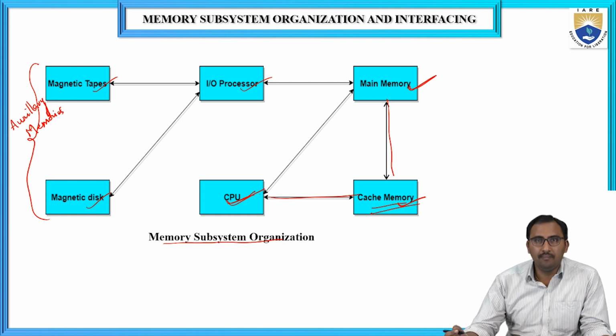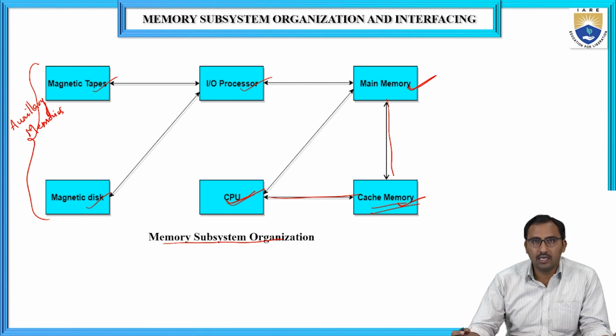If you consider the data transfer rates of the CPU and main memory, there is a mismatch because the CPU can transfer the data at a faster rate. That means it can execute millions of instructions per second. If you compare the data transfer rate of the main memory with the CPU, obviously it is lesser in speed.